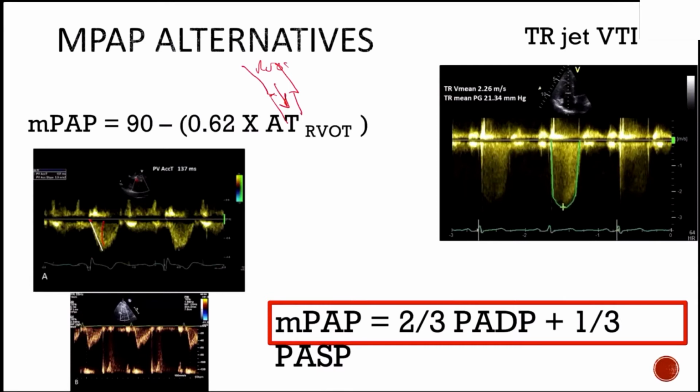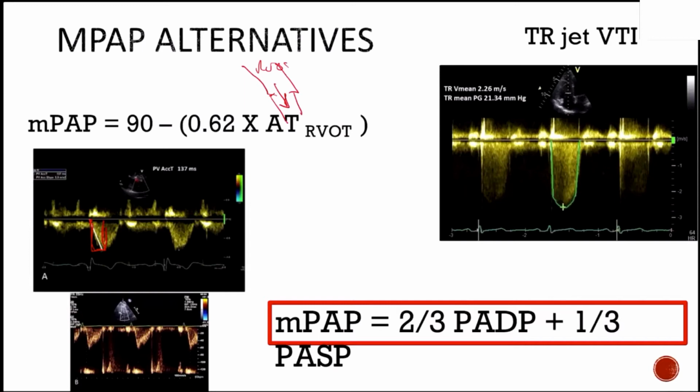The normal time it takes to go from the opening to the peak is usually 120 to 130 milliseconds. If you're less than that, it means that we're equilibrating faster. So there's a high pressure in the pulmonary artery. There's a high pressure in early systole in the right ventricle when the right ventricle pushes blood out of that right ventricular outflow tract. If there's a high pressure gradient in the pulmonary artery, you're going to meet your maximal velocity very quickly.